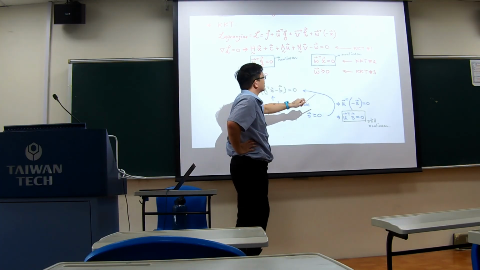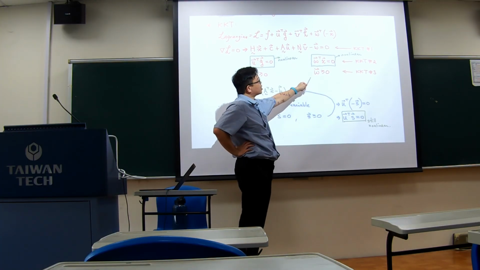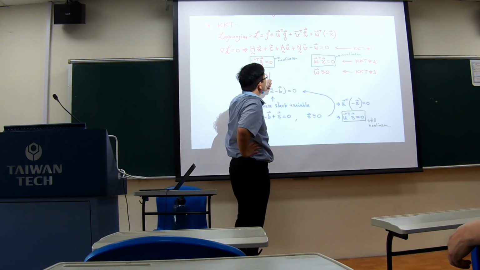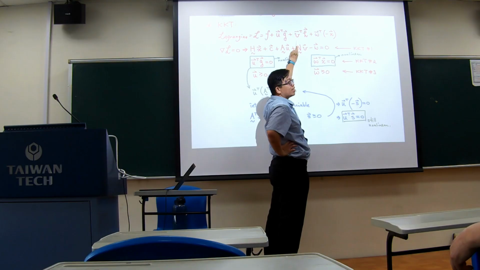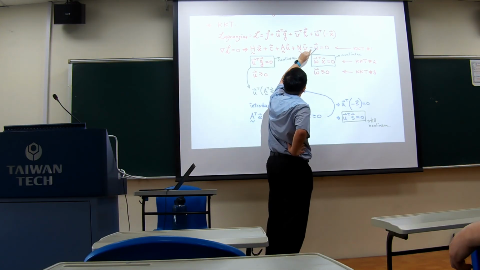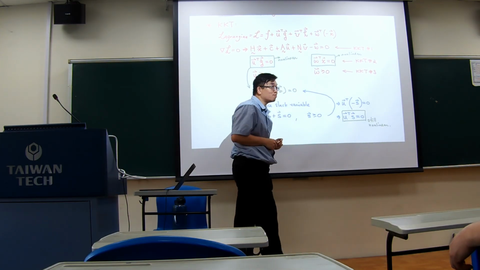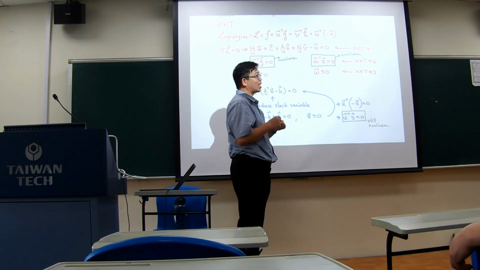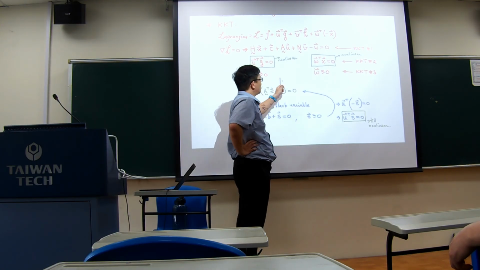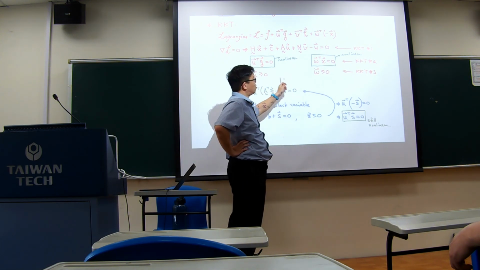So the rule is u and w have to be positive or zero. That's from KKT. Okay, but how about v? V is the Lagrange multiplier for equality. U, W are Lagrange multipliers for inequality. The rules are they have to be positive or zero.